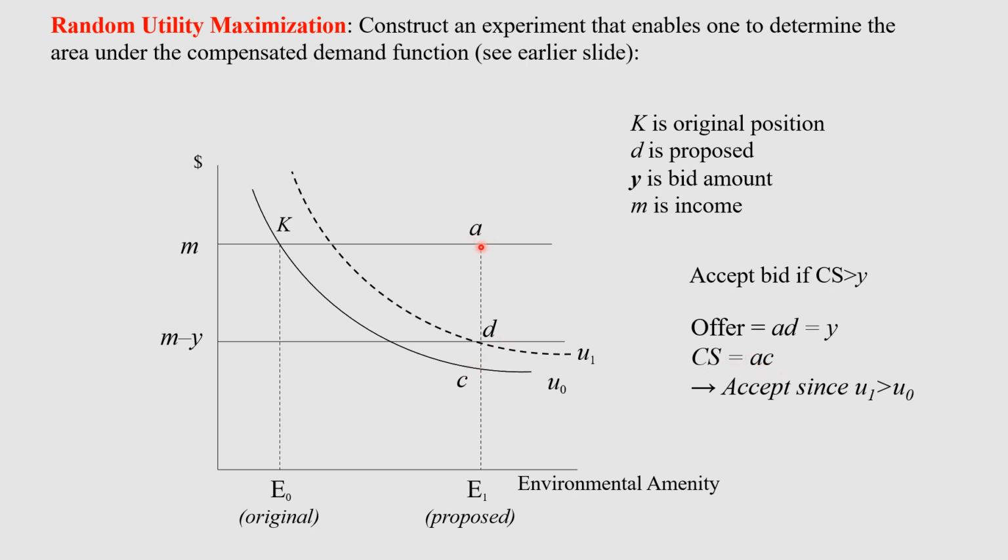All right, this amount here is your compensating surplus. AD is your bid amount Y, and as long as the compensating surplus AC is greater than the amount AD that is bid, you would accept the offer. You'd accept that bid amount.